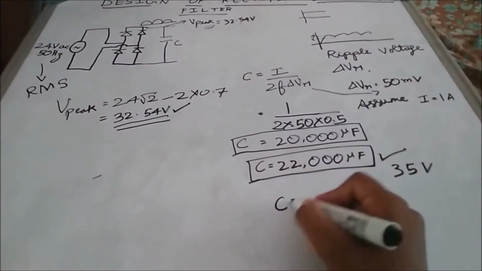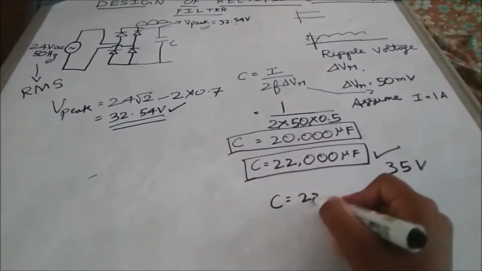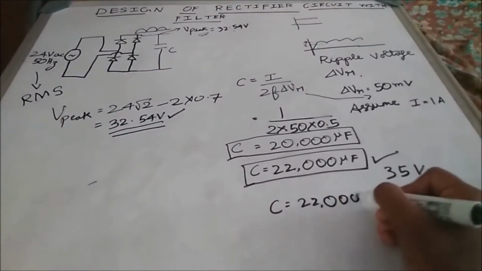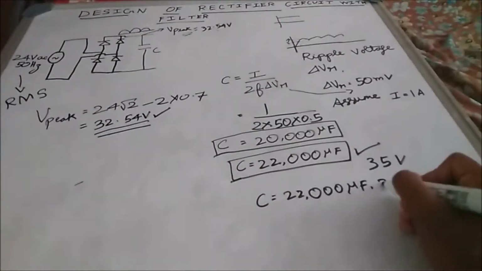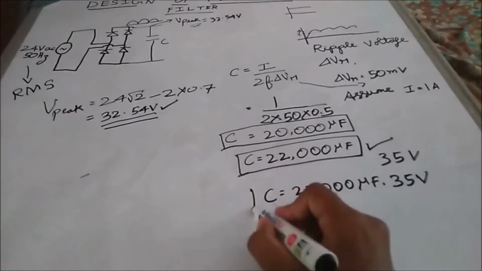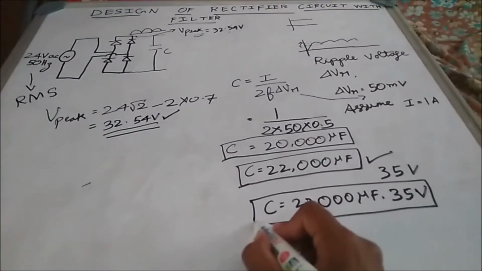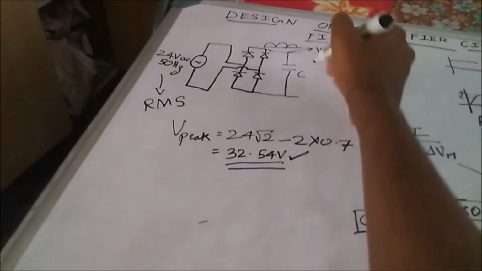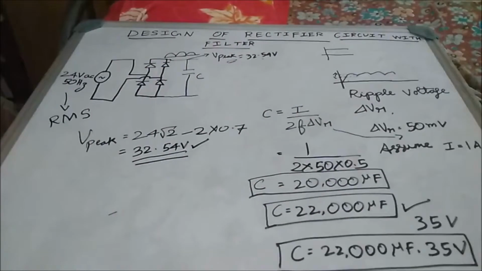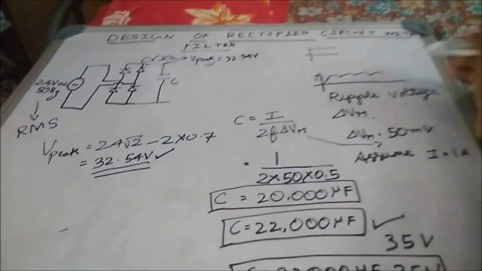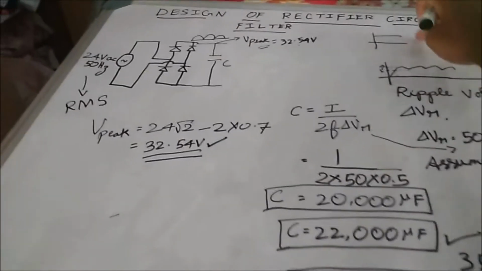So in design perspective, the final value of capacitance will be 22,000 microfarad, 35 volt capacitor. And this is the capacitance value which we need to connect here, so that we end up getting the least ripple voltage. So almost like this.